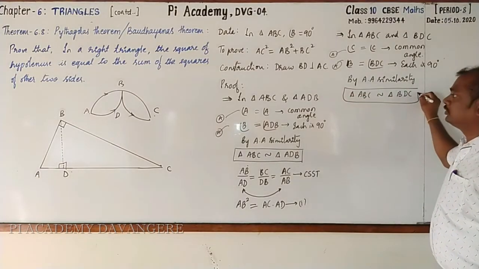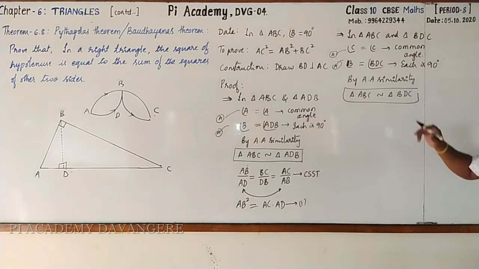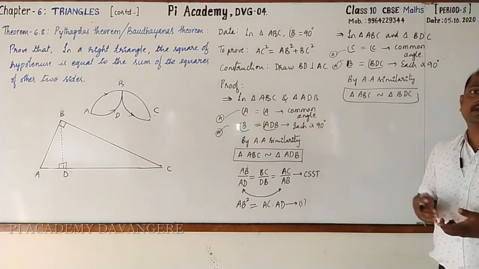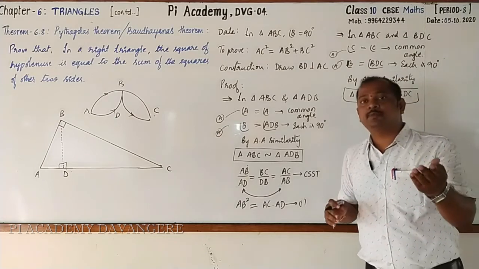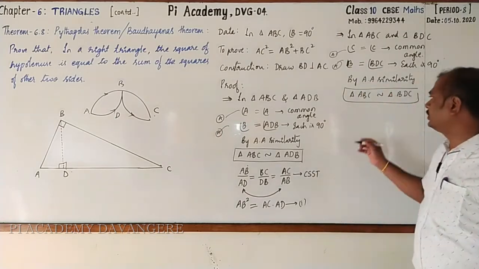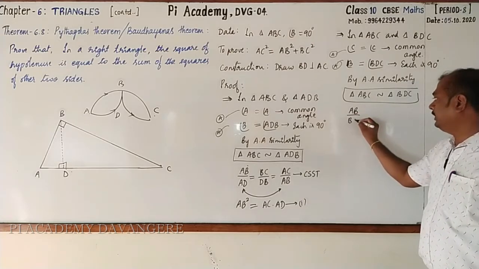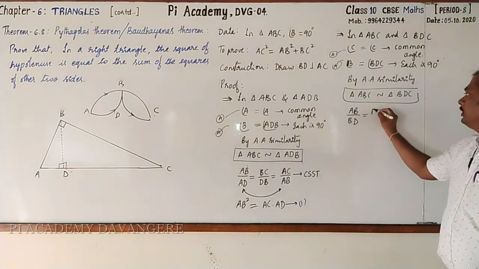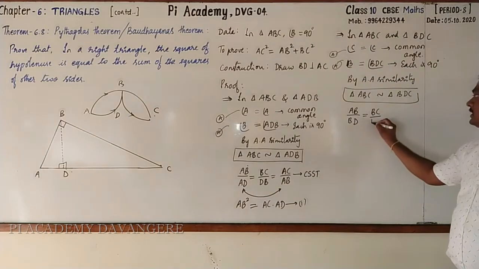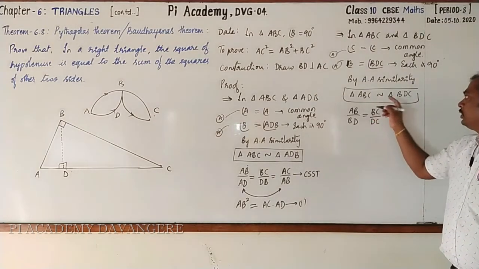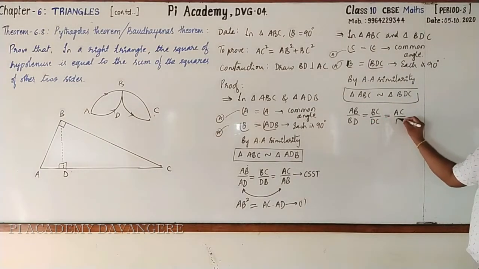Now I am going to highlight this. Observe. When these two triangles are similar, then the corresponding sides will be in the same ratio. Hence, we can write AB by BD is equal to BC by DC is equal to AC by BC.